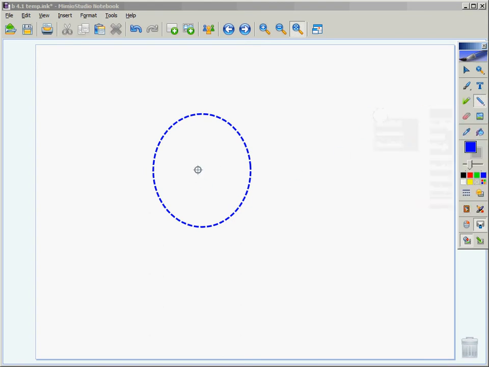A radius comes from the center of the circle and has one end point on the outside. This is a radius. A diameter has both end points on the circle, but still passes through the center.